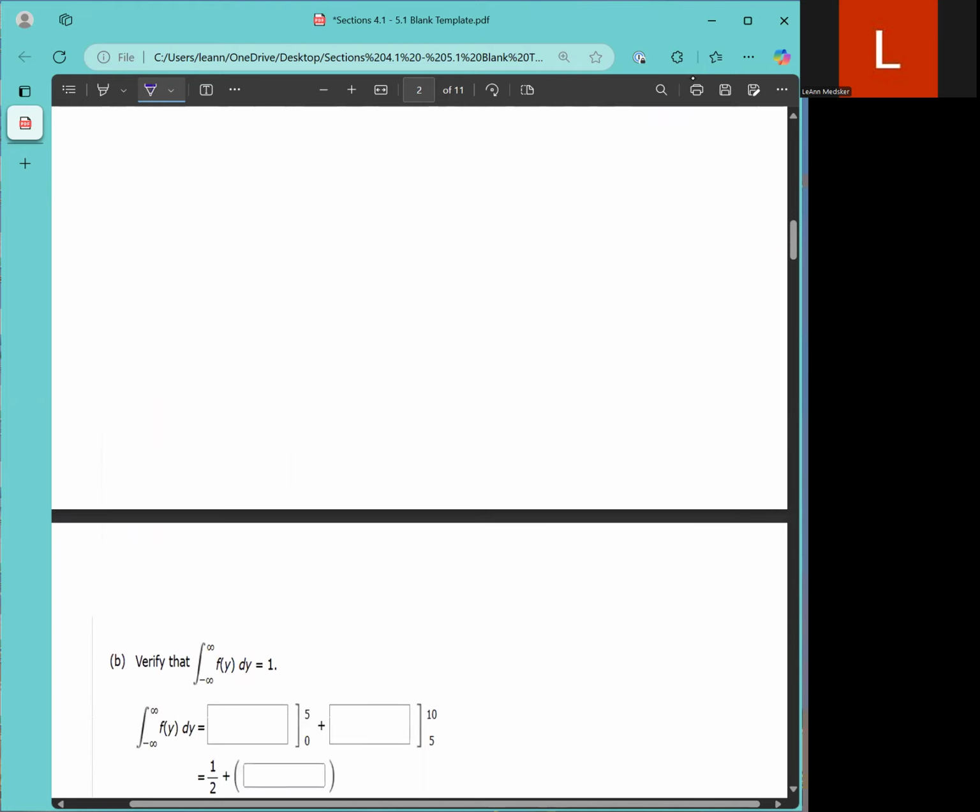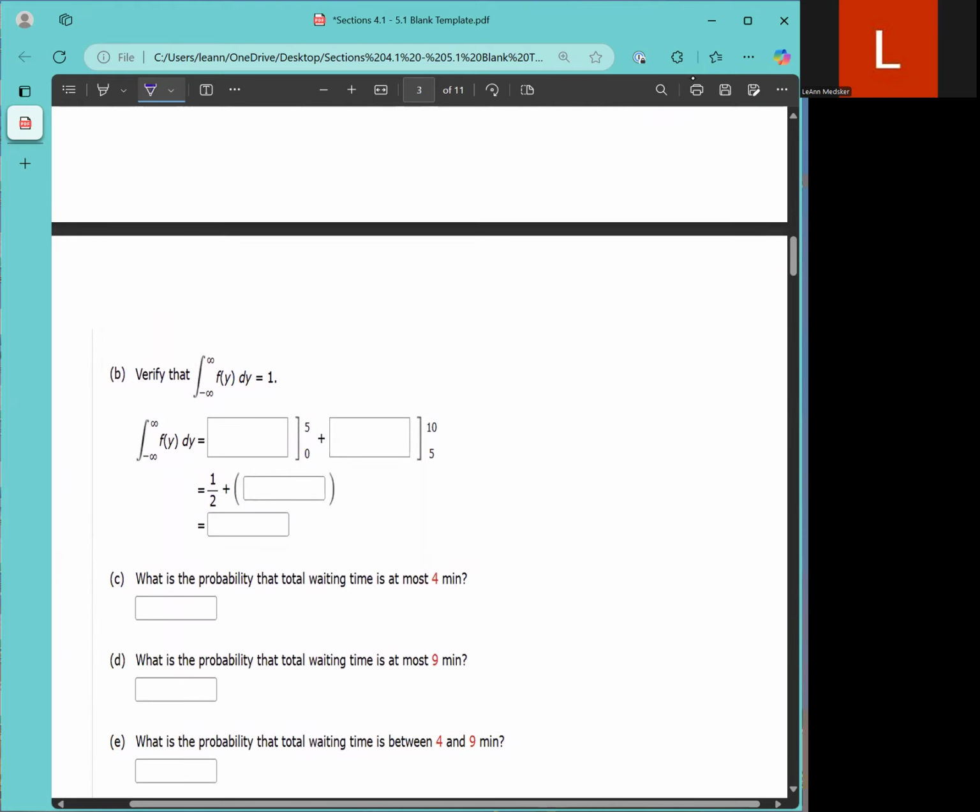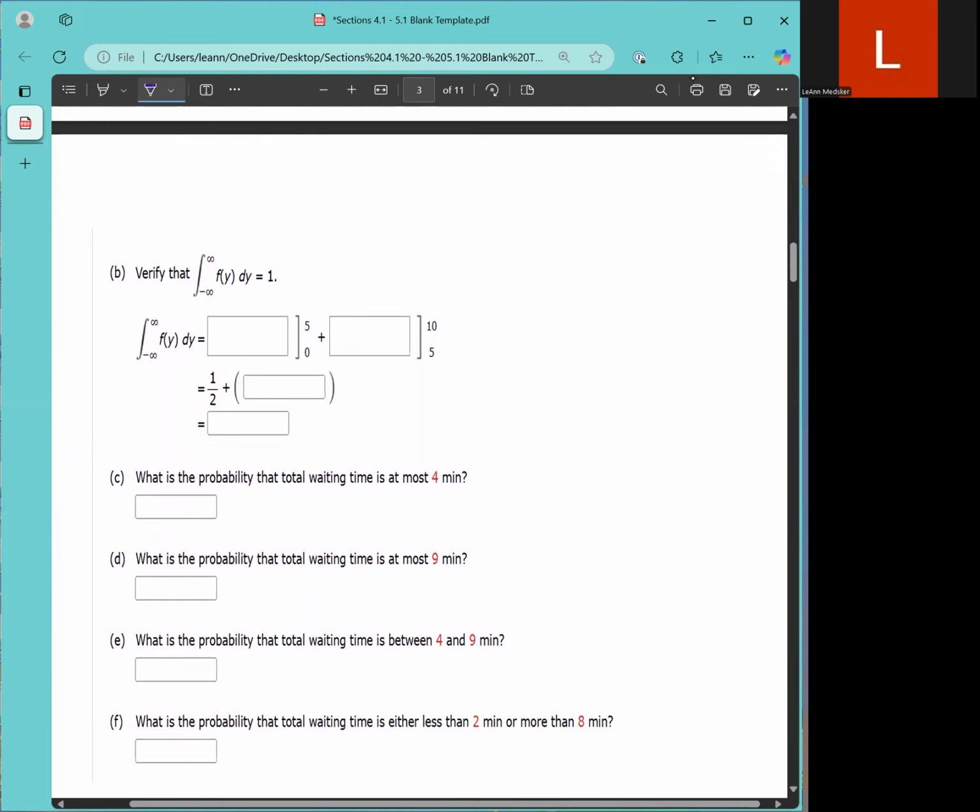Okay, so we're going to use some of that empty space up here in just a second, possibly to do some calculations. We'll see if we need it. So now we want to verify that the integral from negative infinity to infinity of f of y dy equals 1. That is based on the fact that we are trying to prove that it's a valid probability distribution.